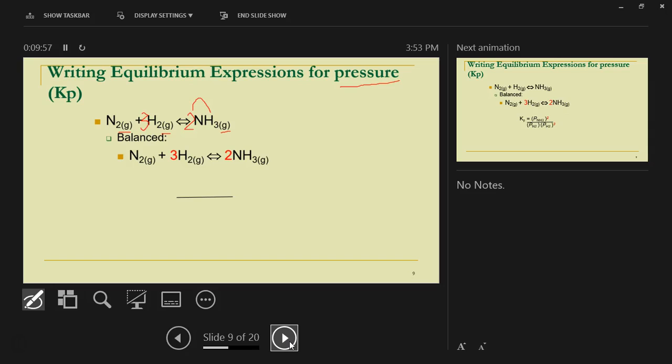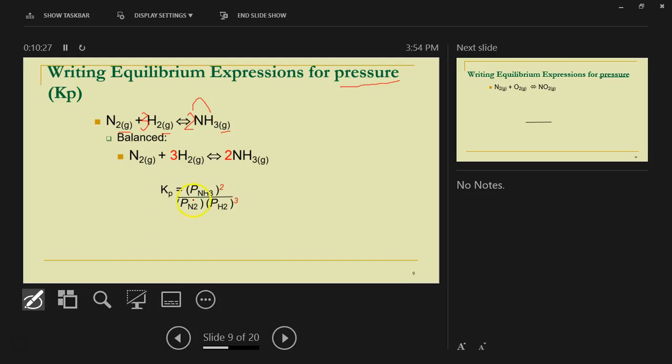What does Kp equal? It equals the partial pressure of your products raised to the power of their coefficients divided by the partial pressures of your reactants raised to the power of their coefficients. I know it's early. Go ahead and pause the video for a second and see if you can write the equation.